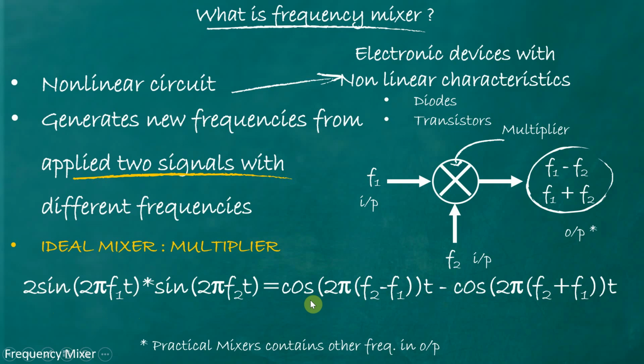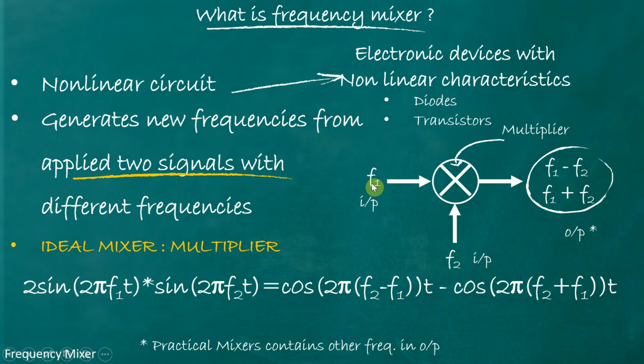It results in cos minus cos using a trigonometric formula. In this equation it is clear that in the output it generates the difference frequency f2 minus f1, and the sum frequency f2 plus f1, right?